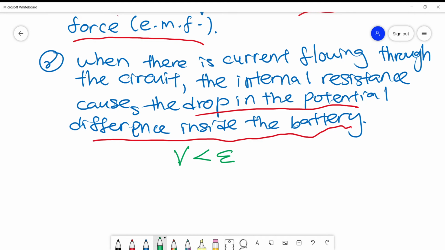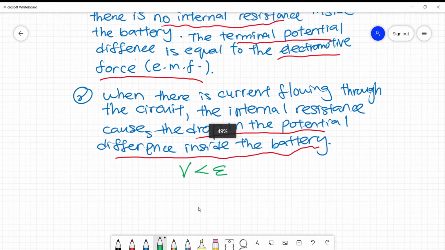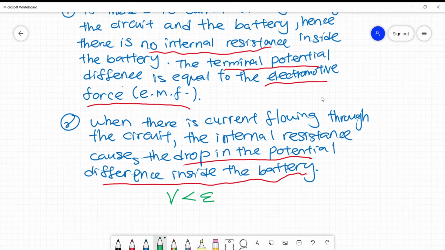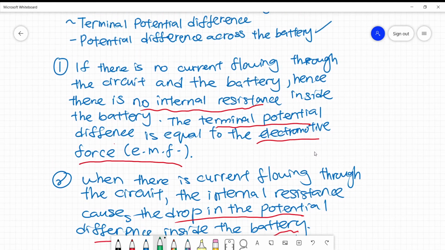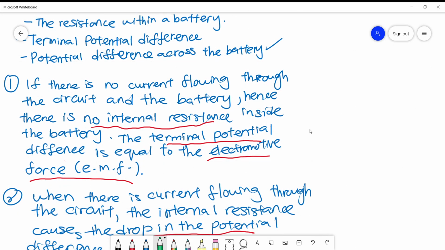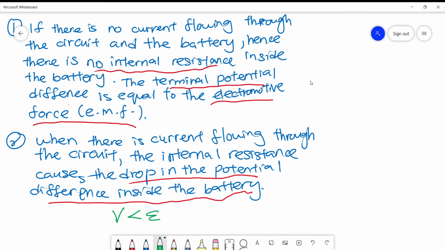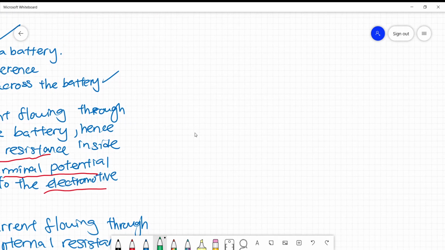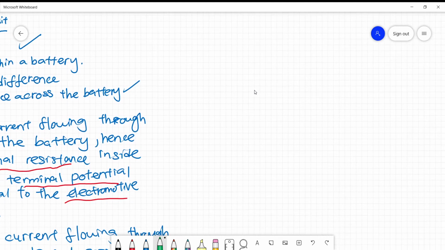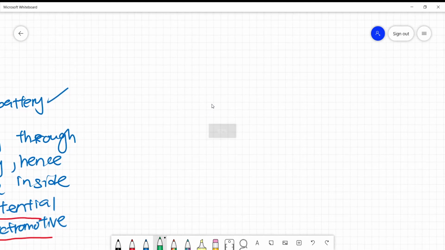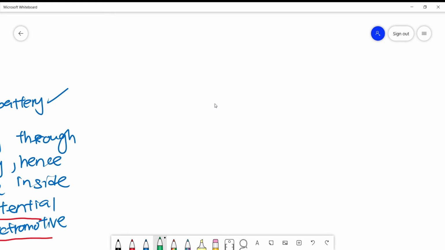Alright, so this is one of the two important statements that we need to know for direct current circuits. Let's proceed to our next part. For this part, we're going to discuss the formula for the electromotive force and the current, and finally the terminal potential difference of the battery.